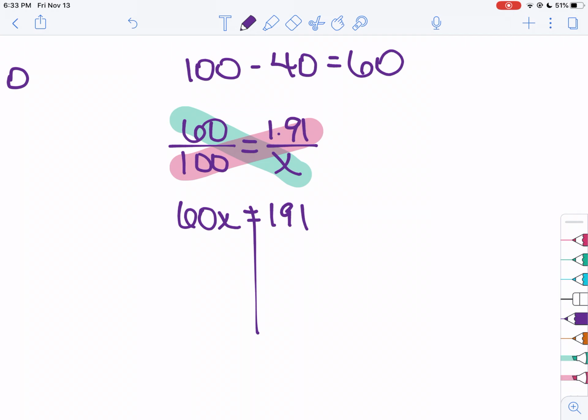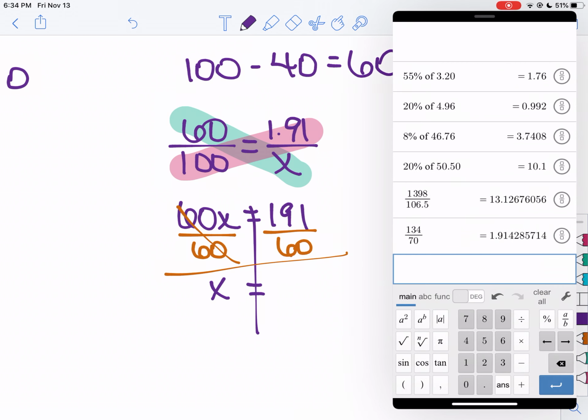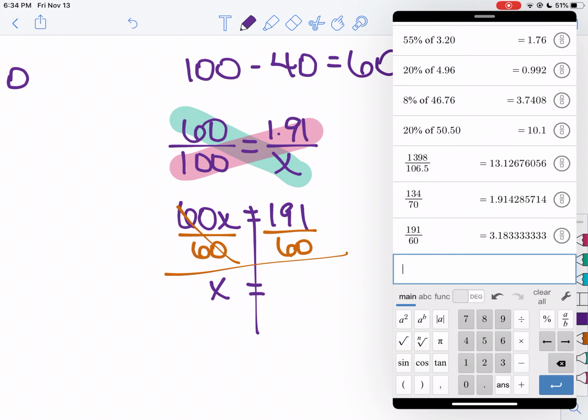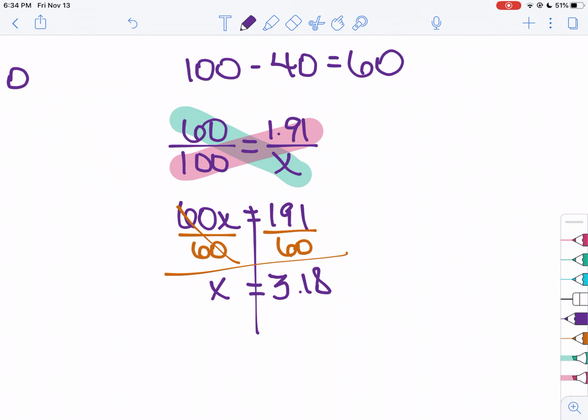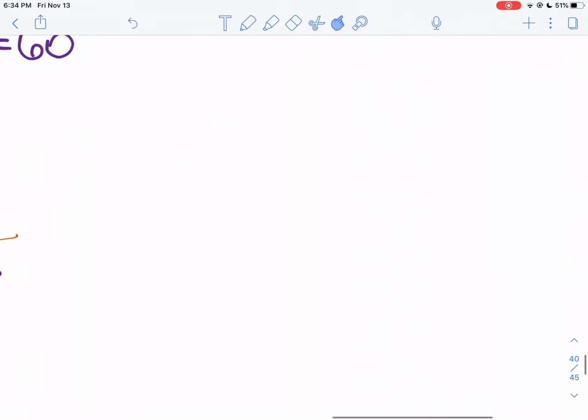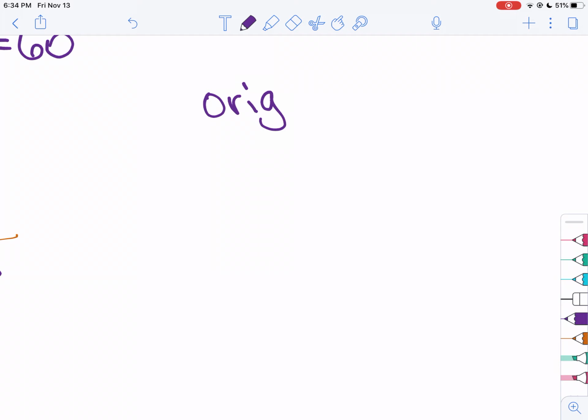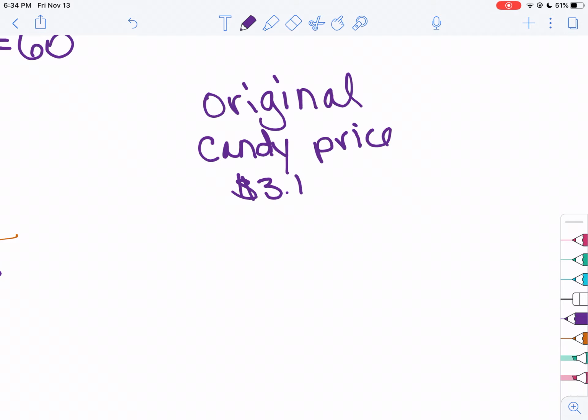So that's 191. And then divide both sides by 60. We get 318. So our original price of the candy was $3.18.